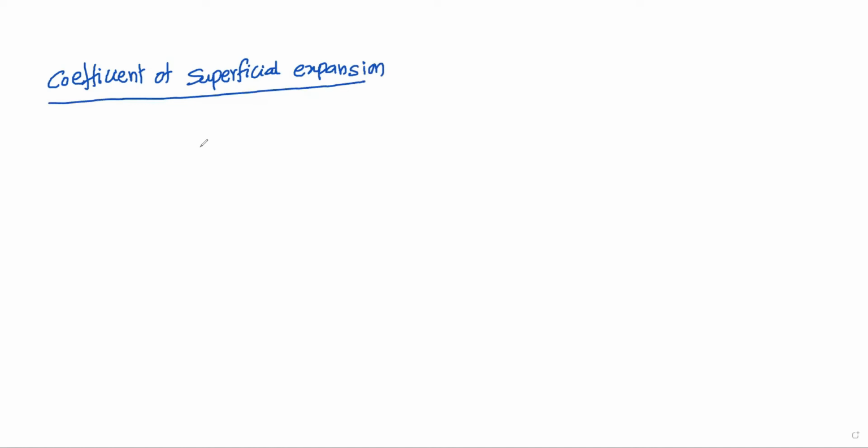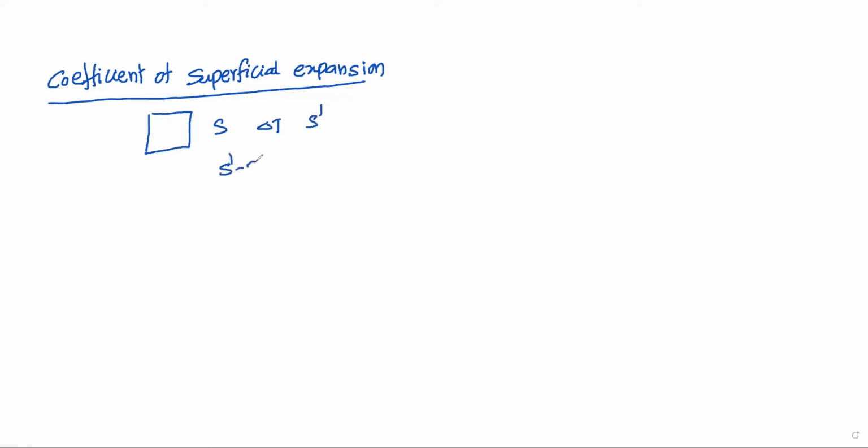Next one is coefficient of superficial expansion. What is it? Let's suppose a metal sheet of area S. If you give a temperature rise delta T, its final area becomes S dash.